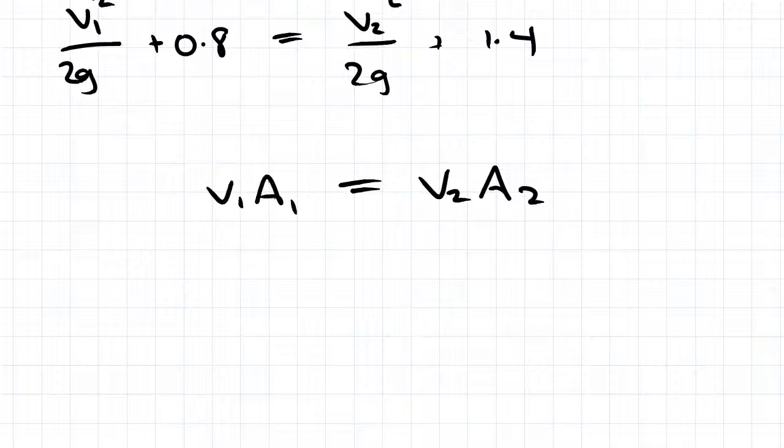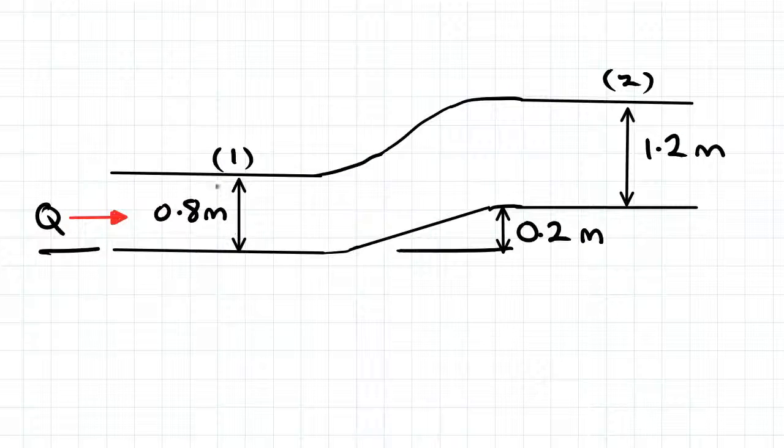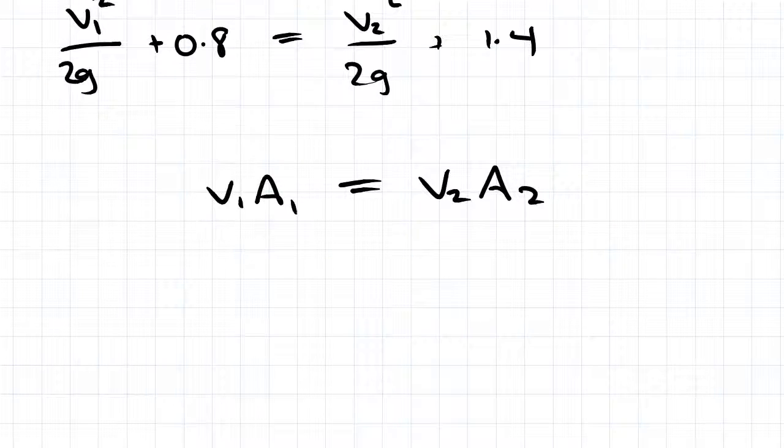We know our area. Our area here is 0.8 by 2 because the channel is 2 meters wide everywhere, which is a consistent length. So here will be 1.2 by 2, and we'll then have two equations to use.